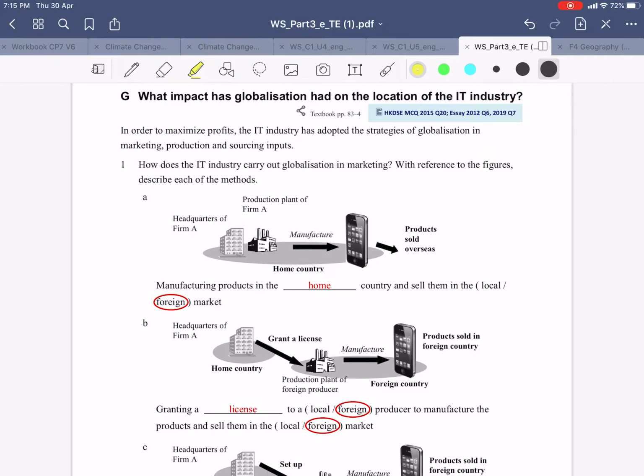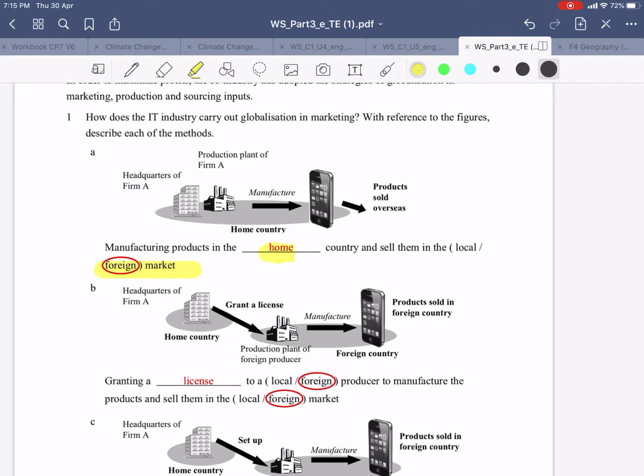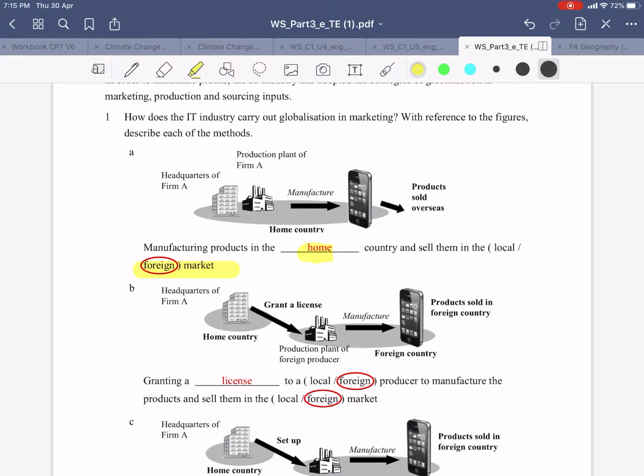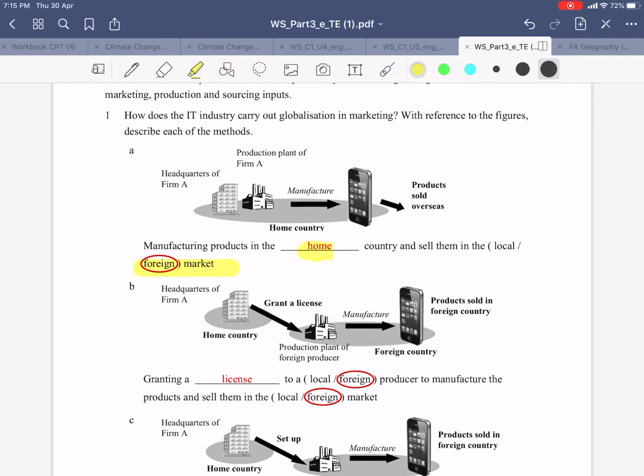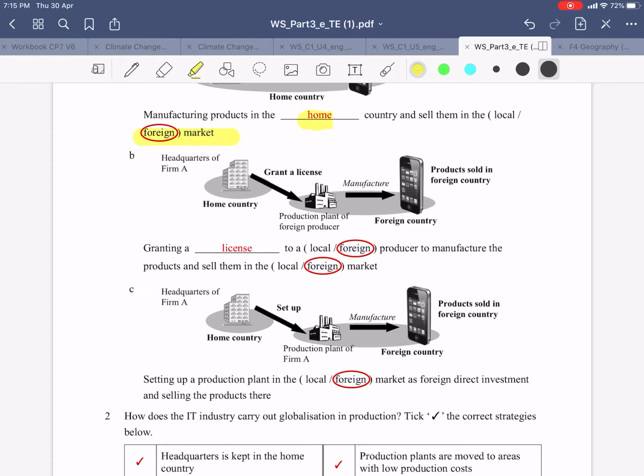Globalization impact is also important. Originally IT firms could build their own factory in the home country and sell in foreign markets. But nowadays, what should they do? They may set up in another foreign market.